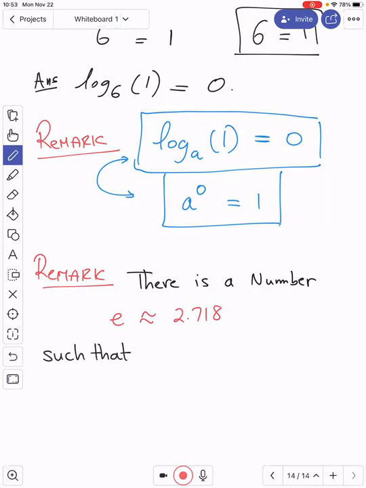This number has a very nice property regarding the derivative. The function f, the exponential e to the x, is equal to its derivative.